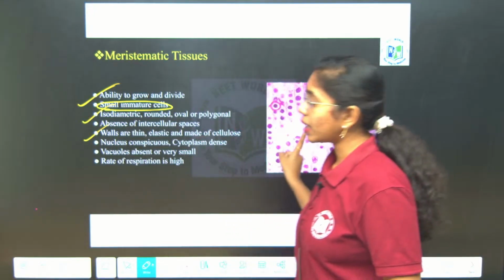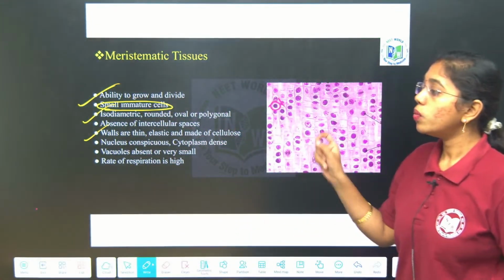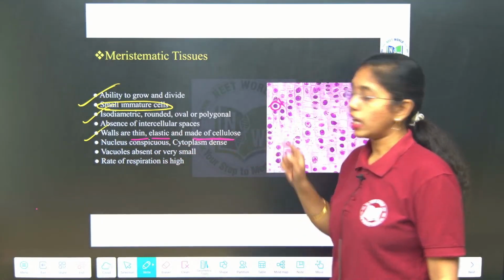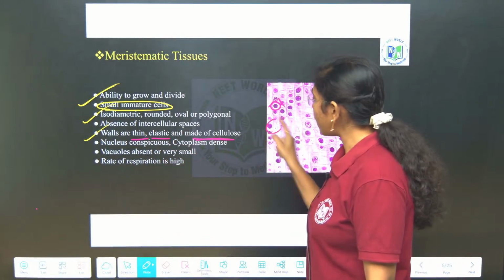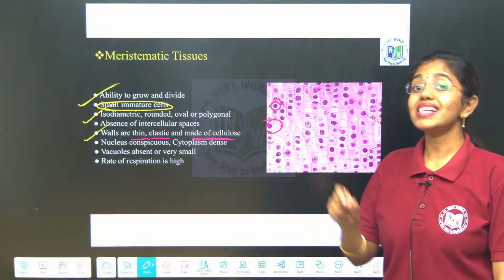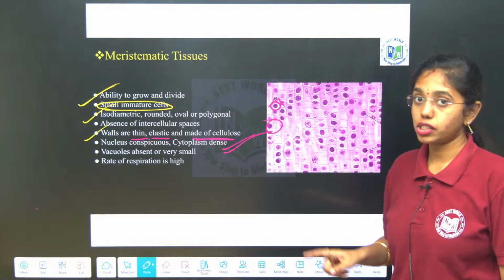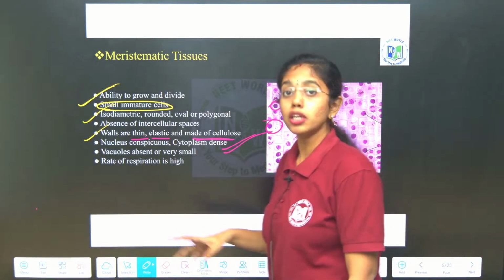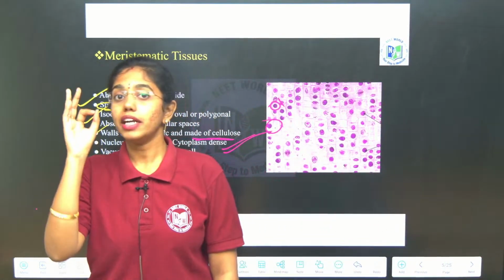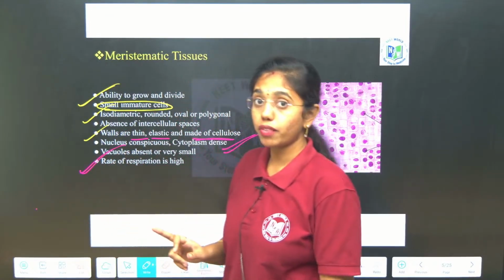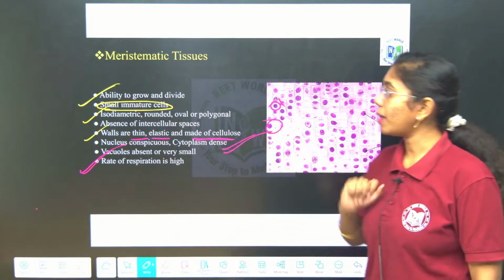They are parenchymatous cells with thin cell wall which is cellulosic, thin, elastic and made up of cellulose. Okay. And in each meristematic tissue, nucleus is dense and conspicuous, cytoplasm is also dense. Vacuoles are completely absent or at least present. As they divide continuously, their respiration rate will be high. Rate of respiration will be very high in the meristematic tissues.